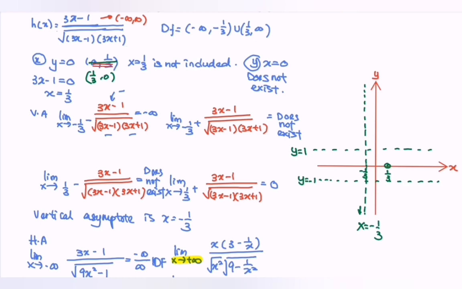So the situation will be around here and also around here. So the graph would be something like this. So that is the situation for h(x), where we have 3x minus 1 over the square root of 9x squared minus 1.